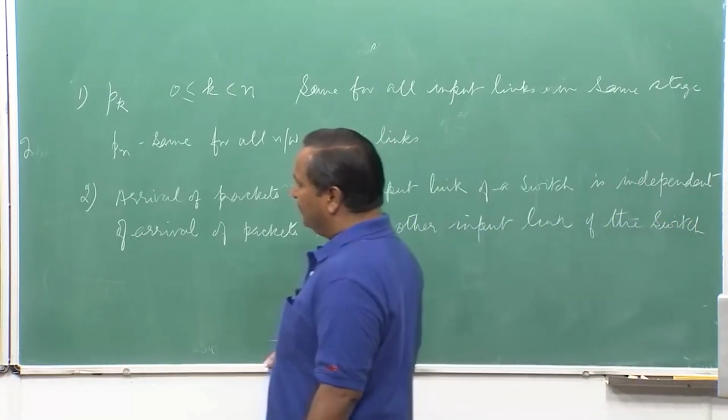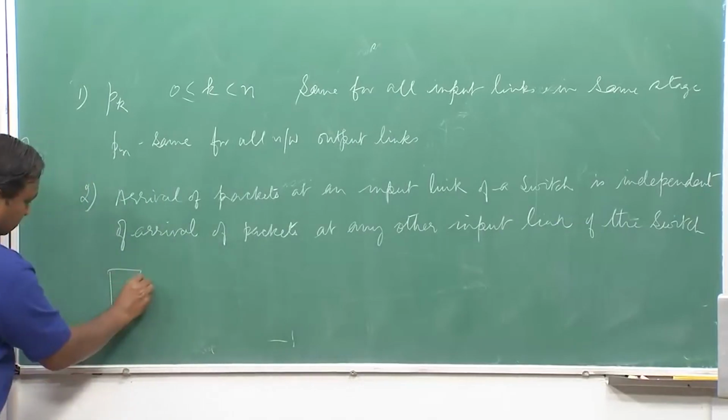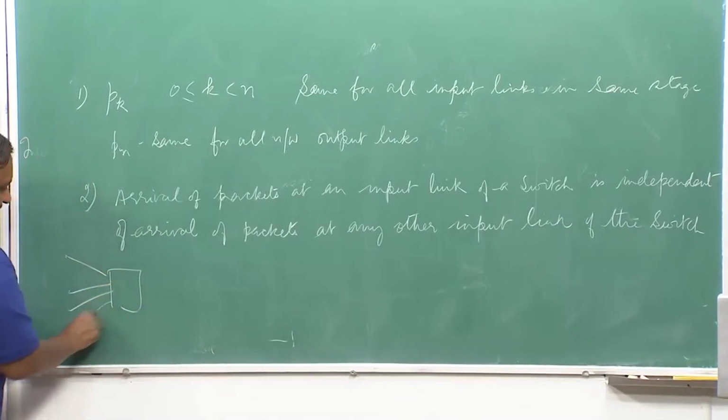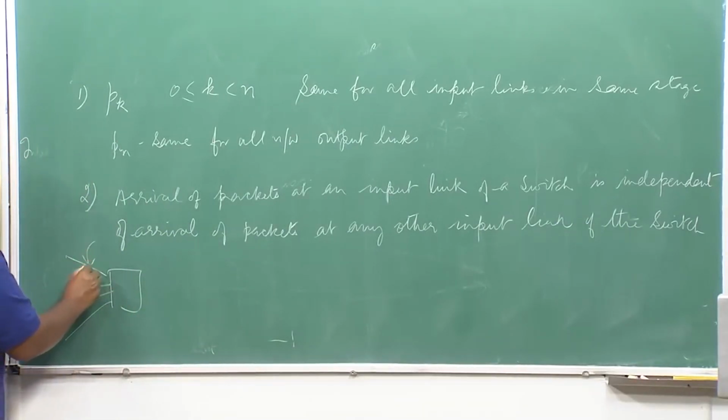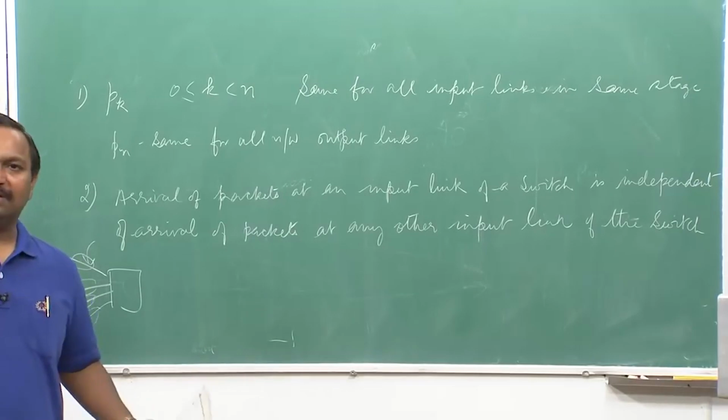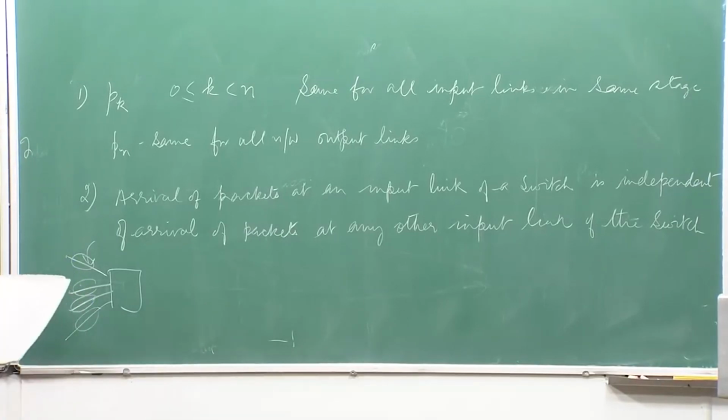The interpretation is, if there is a switch, there are many input links. The arrival of a packet on this one is independent of the arrival of a packet on that one, and these are independent of the arrival of a packet on the next. So all these inputs behave independently, and there is no correlation between the packet arrivals.